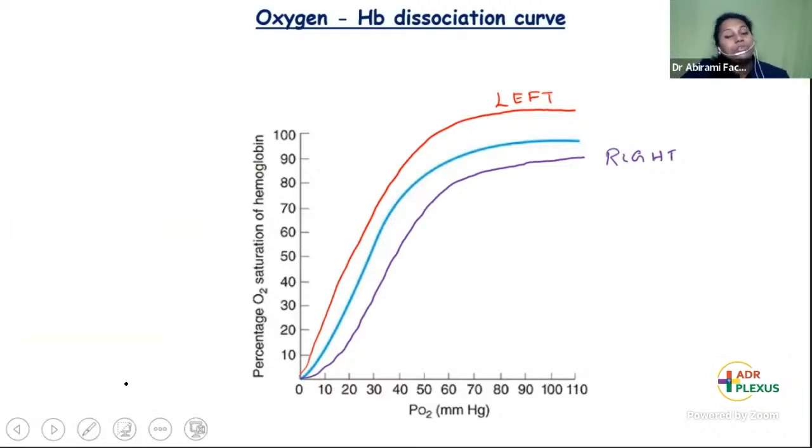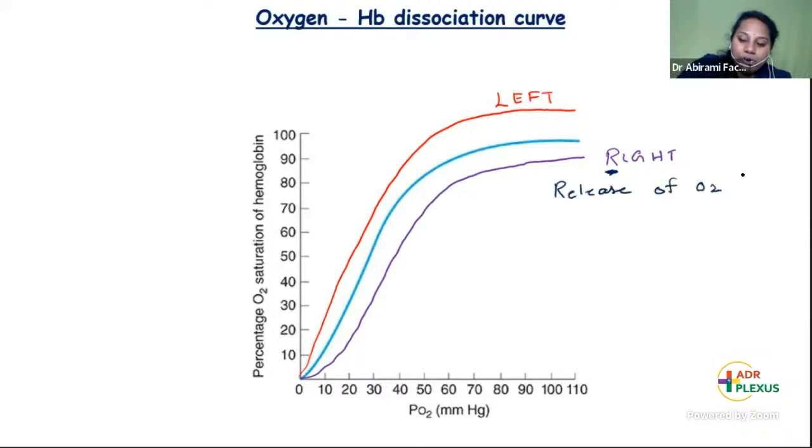So how are we going to easily understand this concept of right shift or left shift of the curve? When you say right shift, listen carefully. R stands for release of oxygen to tissues.